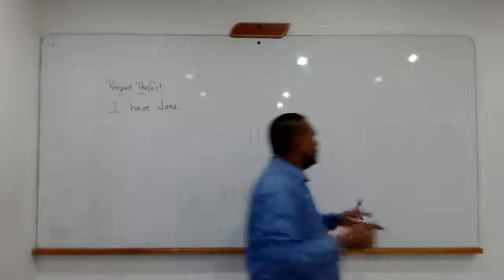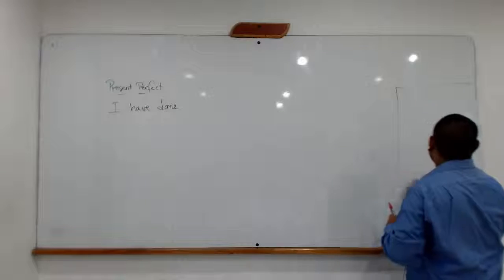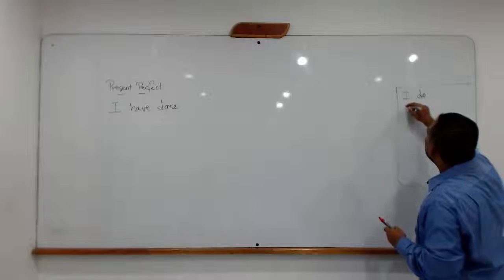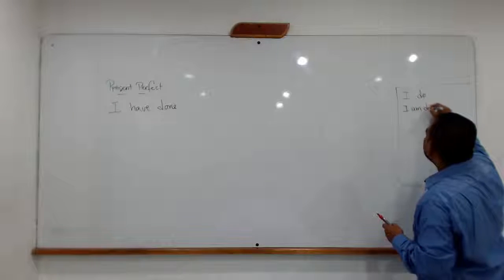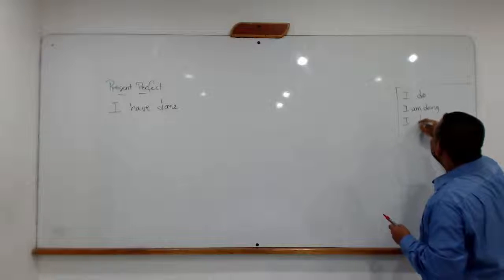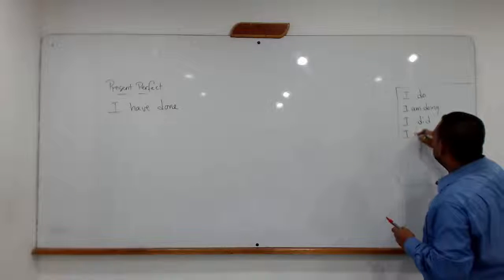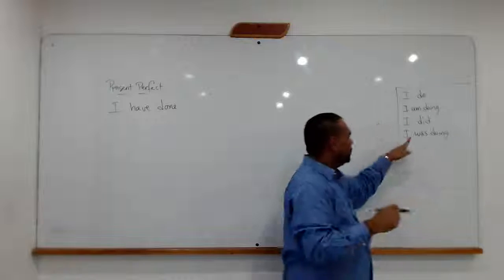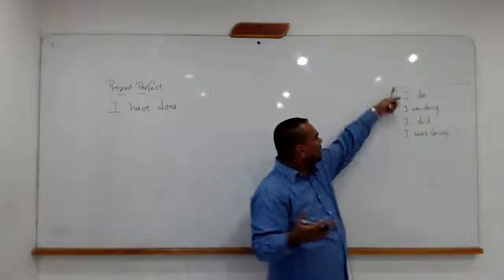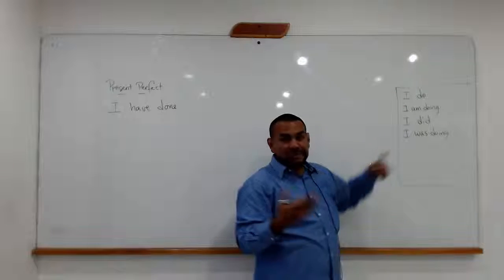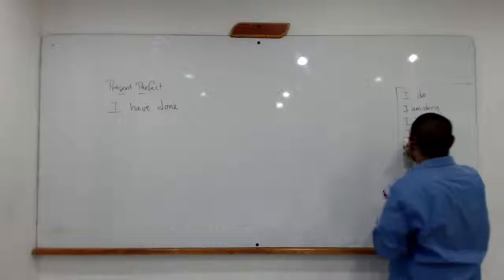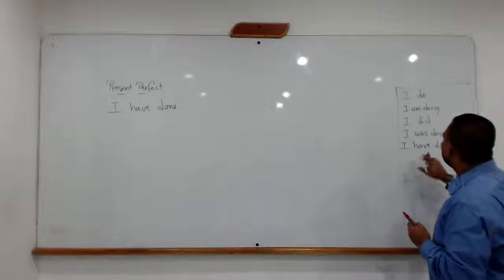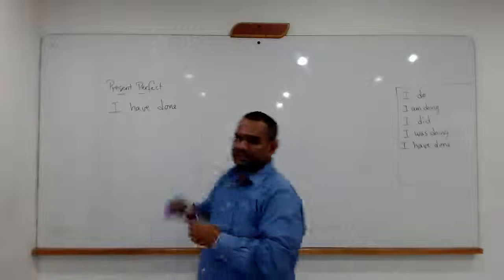I'm going to have a summarized chart here. So we have I do, I am doing, I did, and I was doing. I think I didn't write it some minutes ago, but this is the summarized chart. I do, I am doing, I did, and I was doing. And now, this is the one studied. I have done. Present perfect.